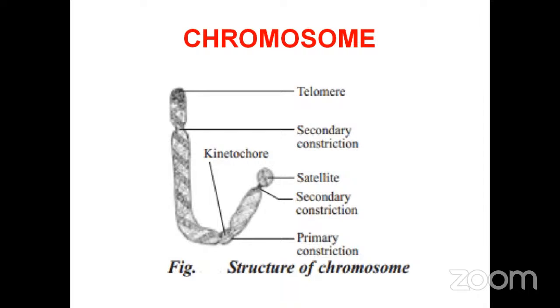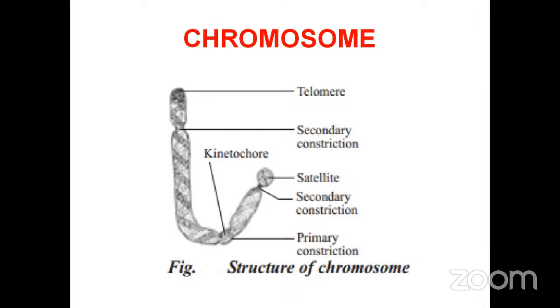Inside the nucleus, chromosomes are present. Inside the chromosome, DNA is present. So these are the physical basis of heredity, rod-shaped structures present in the nucleus.